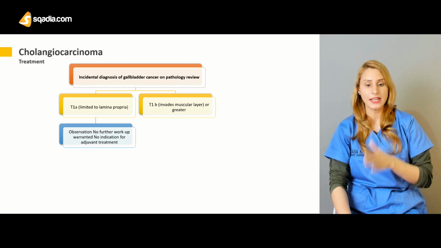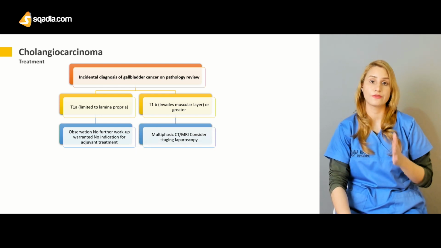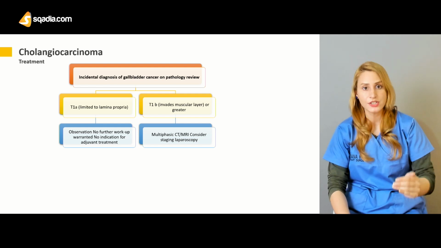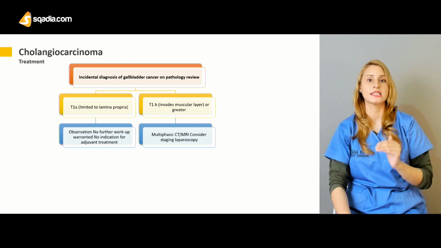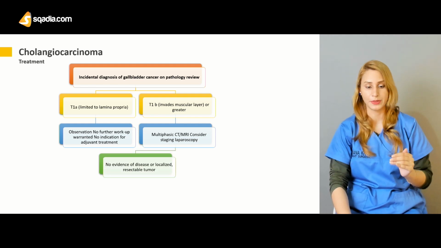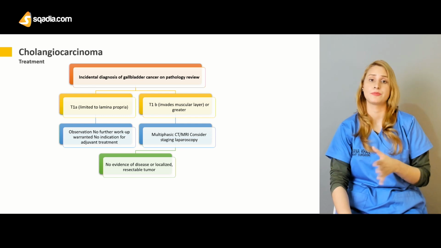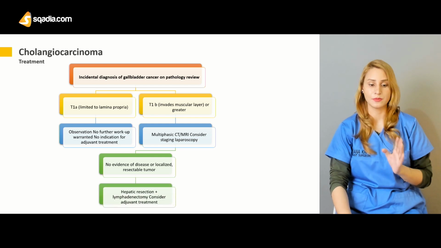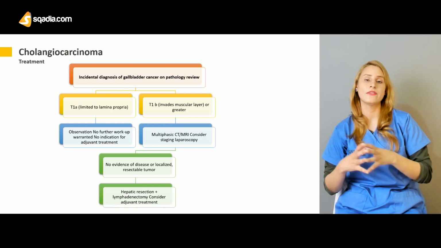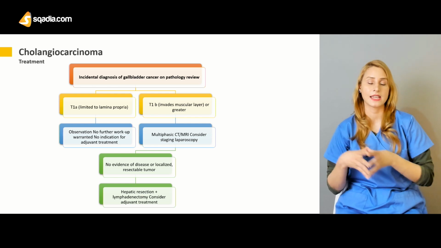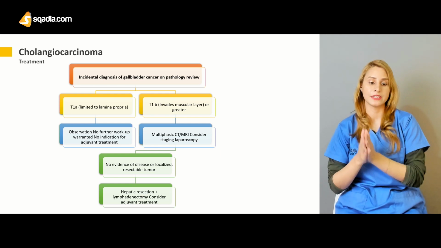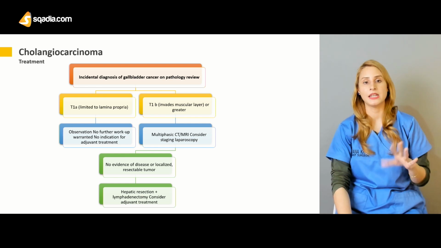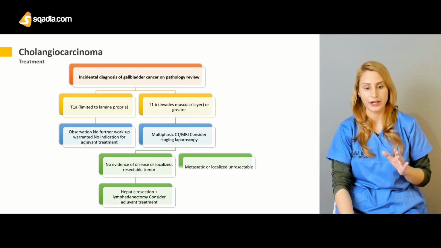If the tumor invades the muscular layer or greater, then you should go for multiphasic CT or MRI, because it is going to help you stage the tumor. And then you have to consider the staging laparoscopy. And if in the staging laparoscopy there is no evidence of metastatic disease and the disease came out to be locally resectable, then you have to go for hepatic resection and lymphadenectomy, and you have to combine it with adjuvant therapy.